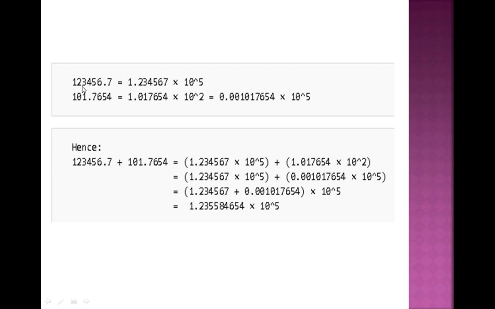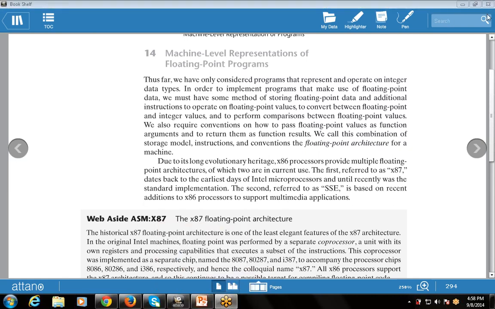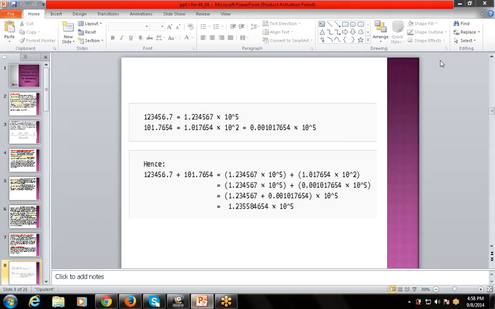Now let's see the example. This is 1.234567 times 10 power 5, and this is another number with 10 power 2. Now I have to match the exponents, so this is 10 power 5.